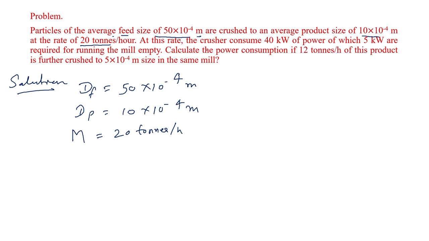At this rate, the crusher consumes 40 kilowatt of power, out of which 5 kilowatt is required for running the mill empty. So what is the actual power consumption?